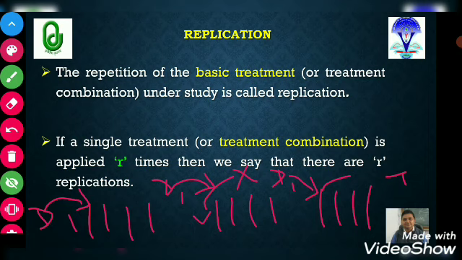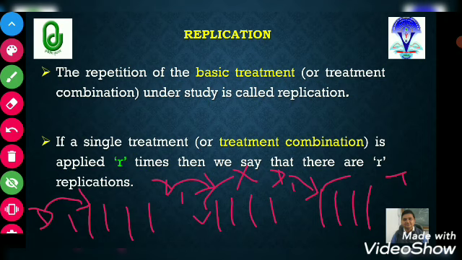The deviation in the result due to the variation in the animal will get cancelled if we repeat the treatment on a large number of animals. That is the basic concept behind the repetition of the treatment.